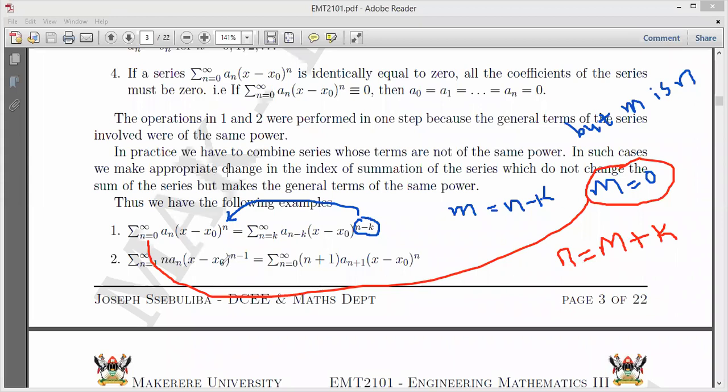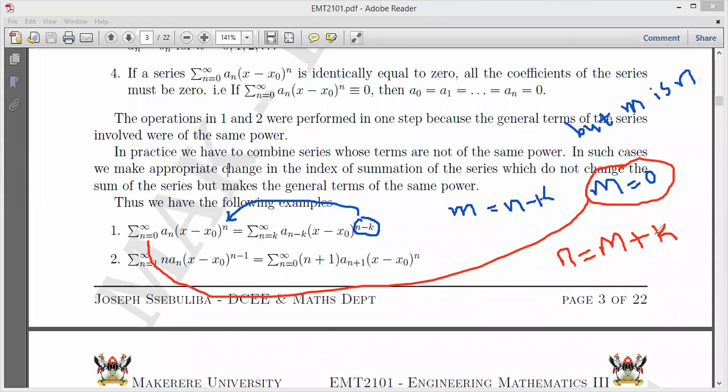So if n is m, if you make m the subject here, sorry, m is n minus k. So what is n? n is m plus k. So if n is m plus k, it means in here where you have, remember it was n minus k, but n is minus k.